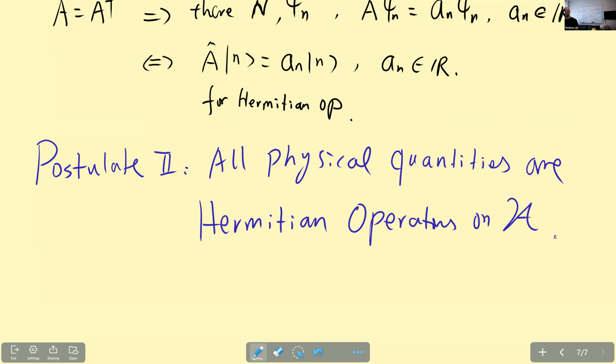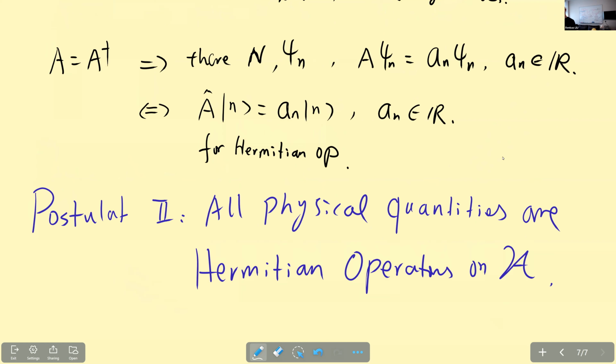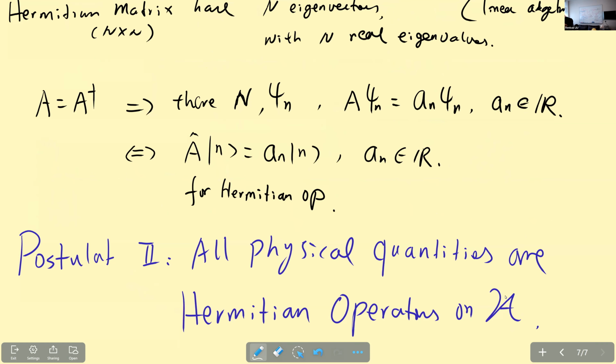Okay, that's it. So this is the postulate two.